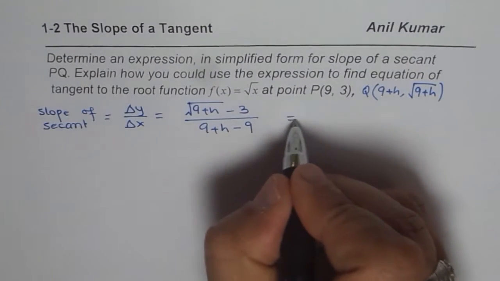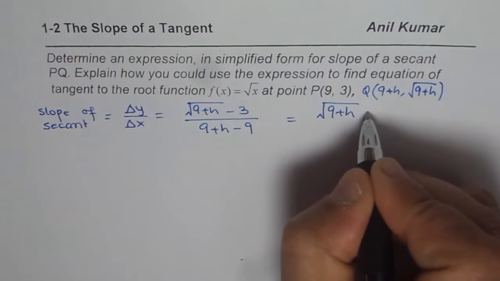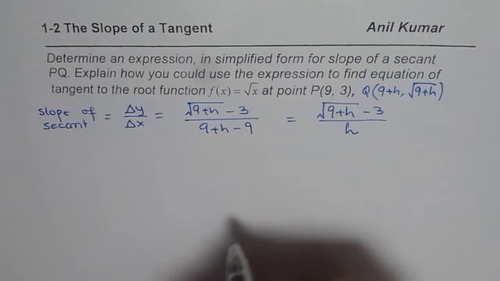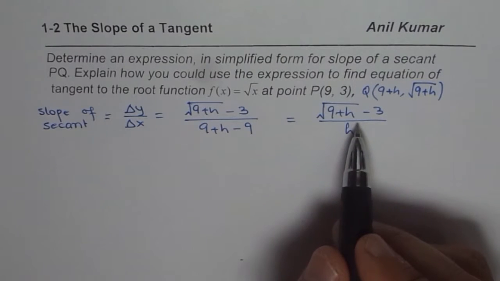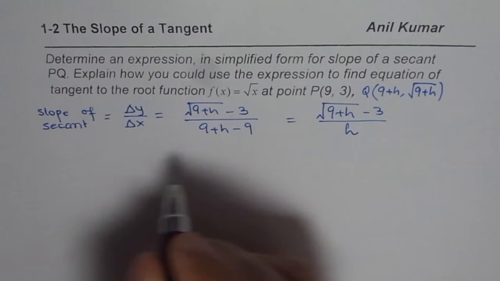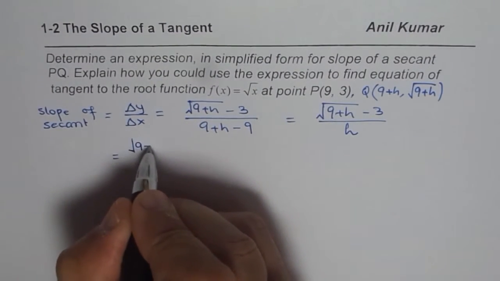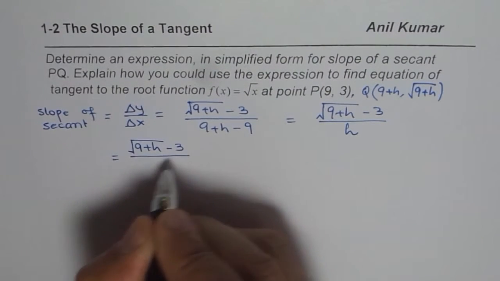Now we could simplify this a bit and write this as square root of 9 plus h minus 3 divided by h. In this kind of function, to simplify it, we could rationalize the numerator. So we have square root of 9 plus h minus 3 over h.